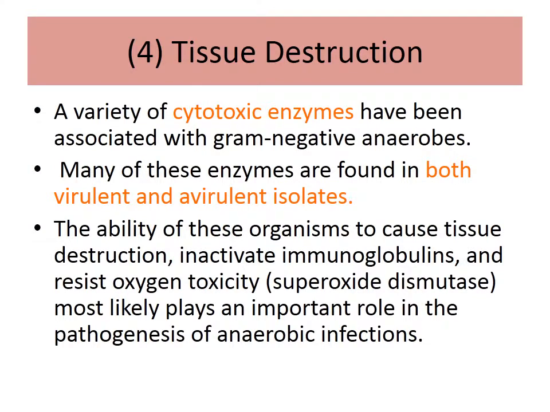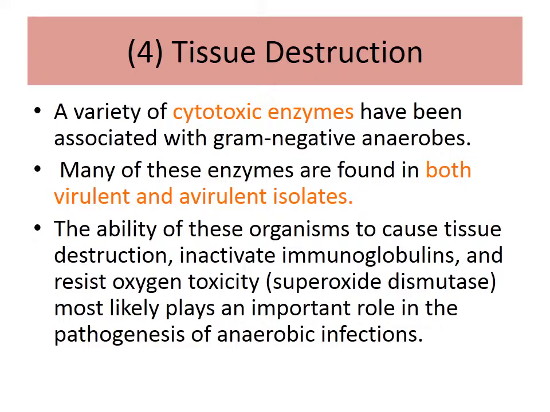Why do they cause tissue damage? Because they have cytotoxic effects. You see that kind of tissue damage: cyto means cell, toxic, toxicity. They are very much a feature of gram-negative anaerobes, and are present in both virulent and avirulent strains. They cause tissue destruction. They inactivate immunoglobulins, especially on the surface epithelium.